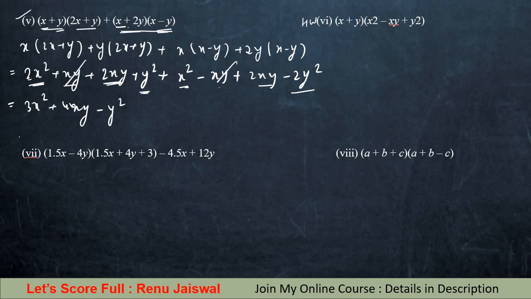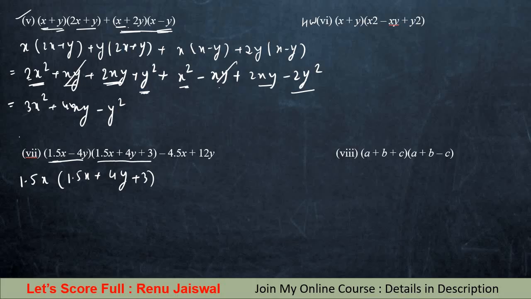Coming to the decimal question, again there is a binomial and a trinomial. So take one term, 1.5x, the first term, and the second bracket as it is. Sorry, there should be y. As I have told you, whatever terms are there does not matter, just take one term and copy the second bracket, right?